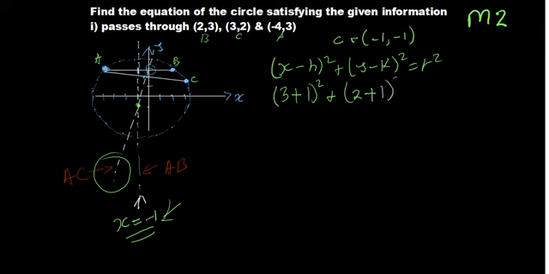So 3 plus 1 is 4, 4 squared is 16, plus 2 plus 1 is 3, 3 squared is 9, is equal to r squared. So r squared is going to be 25. Then the square root of 25 is going to be 5.